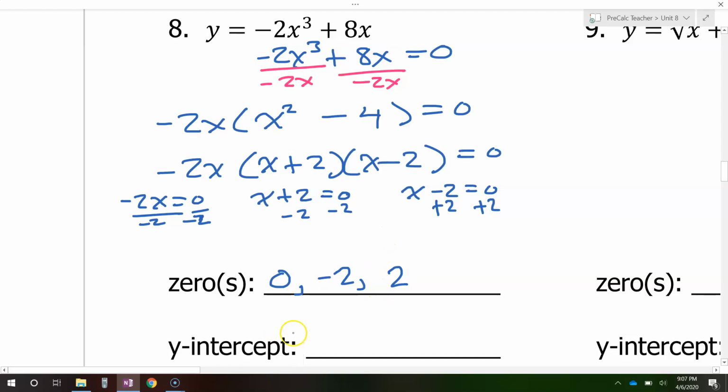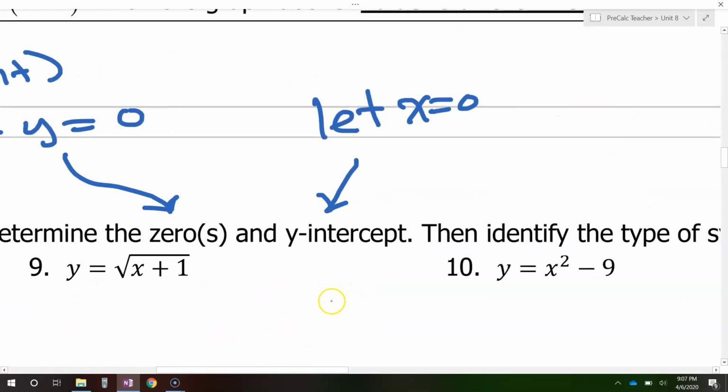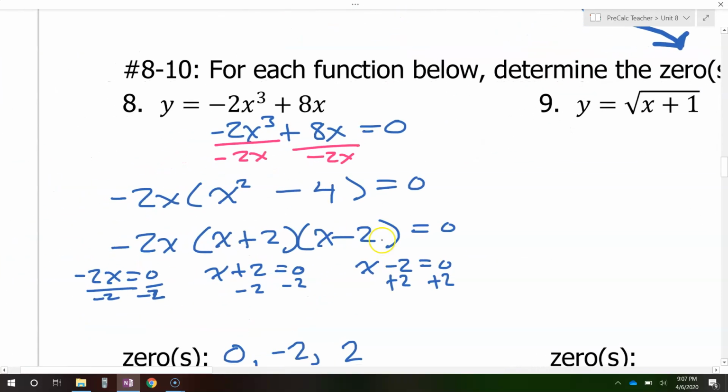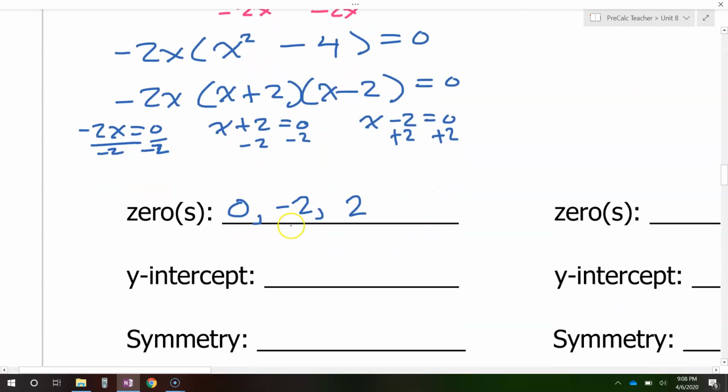Now, if I want to find the y-intercept, remember, you simply let x equal 0. So you should be able to do this in your head. Imagine that we let x equal 0. So if this is 0 and this is 0, well, 0 times anything is 0. So that's going to make this whole thing become 0.